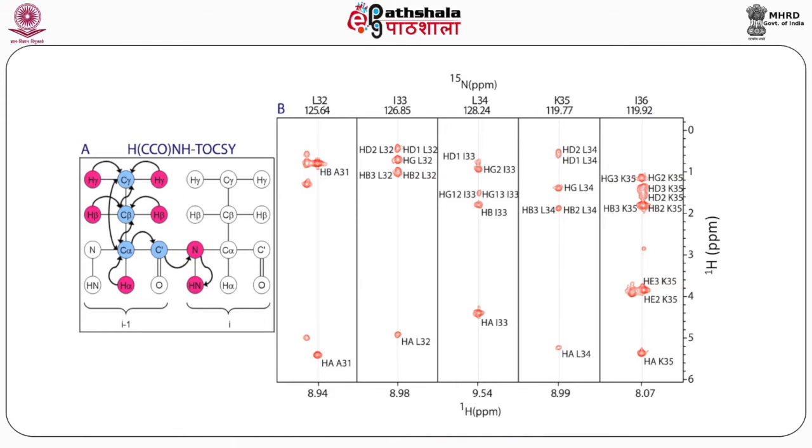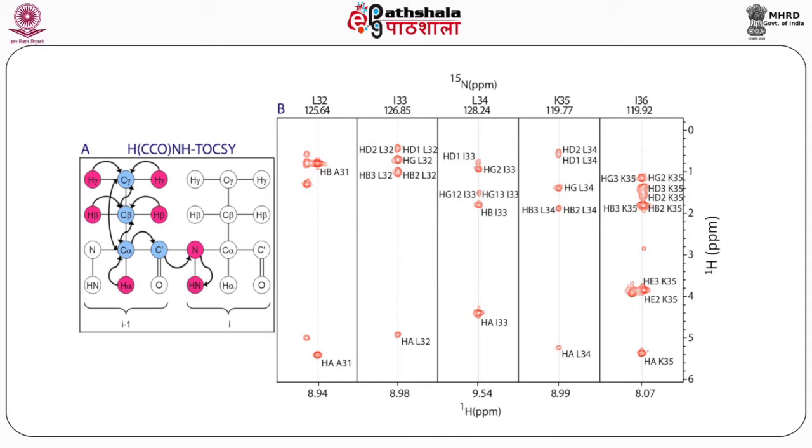So, here we see the strips from L32, I33, L34, K35 and I36, and on the left we see a schematic for the HCCONH experiment. In red you can see that HN is linked to its own N, and then from N to the preceding carbonyl, from the preceding carbonyl to the C alpha, C betas and C gammas, so that you have the carbon TOCSY, and then from there you have the H alpha, H beta and H gamma.